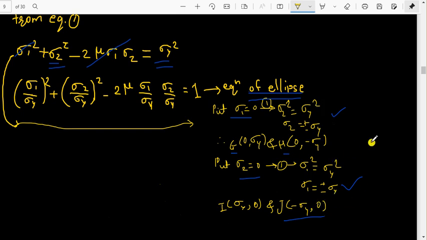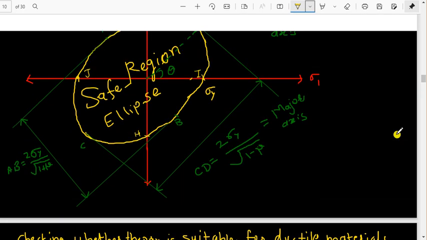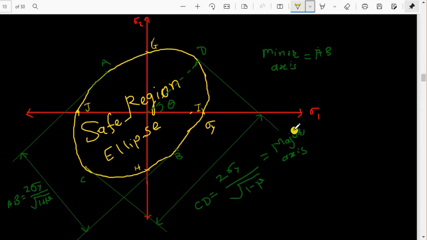Now putting all these 4 points, we'll draw an ellipse here. Here we have plotted points G, H, I and J, right? I have got this shape.